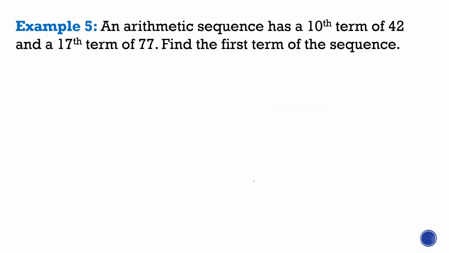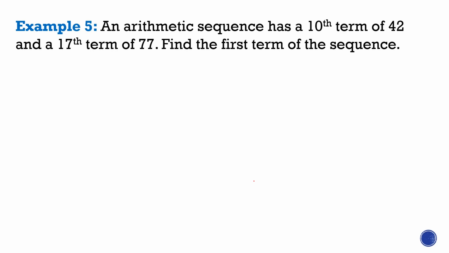Number 5, an arithmetic sequence has a 10th term of 42 and a 17th term of 77. Find the first term of the sequence. So if you notice, the previous example is almost the same as this one, but the problem is different, right? A while ago, it's the common difference. This time, we need to find the first term of the sequence.